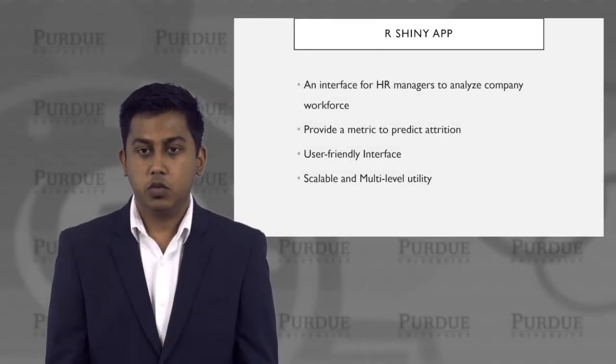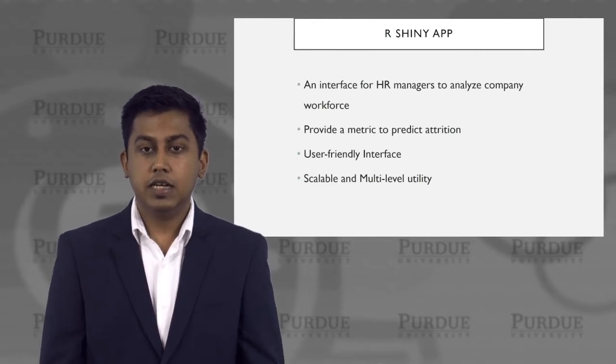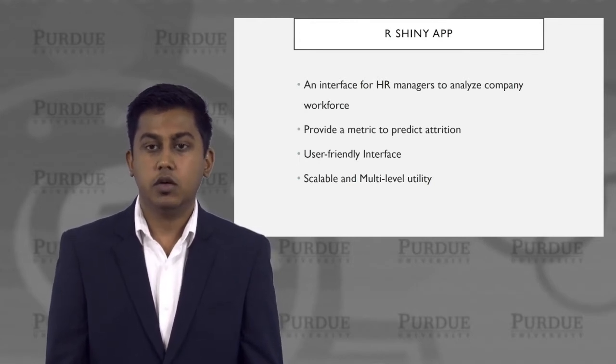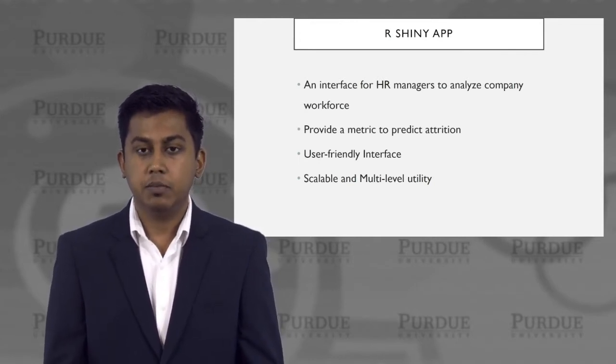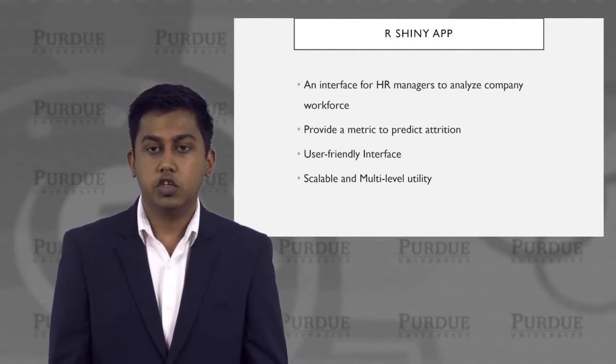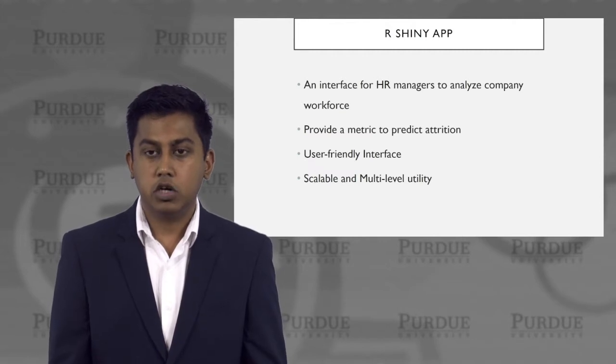As my colleagues already told you, after analyzing the entire data that was given to us, we came up with a model. This model was used to predict the attrition rate of a particular employee for a given company. However, it will be very difficult for HR managers to run such a complicated model.